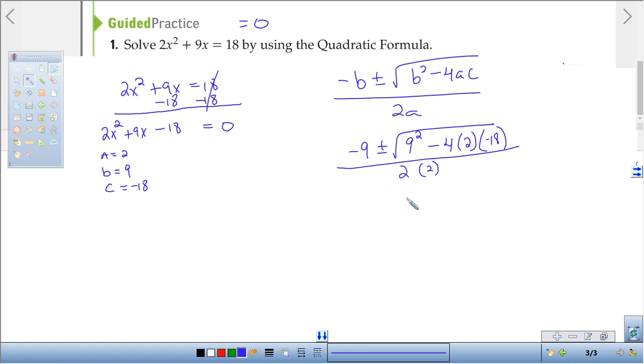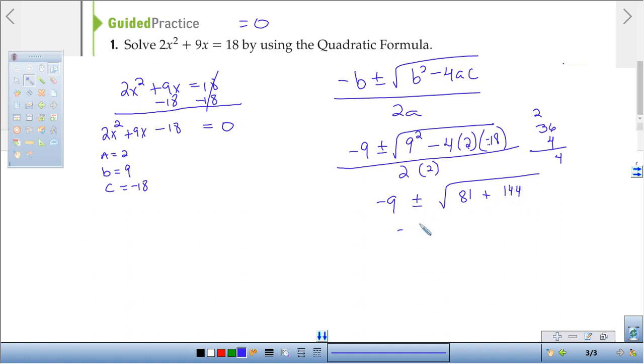Your silence is cool. Negative 9 plus or minus the square root of 81. Whoa, what's this right here? Okay, I'll tell you this much. A negative times a negative gives me a plus. What's this? I can't do this in my head. This is 36 times 4, right? 144.